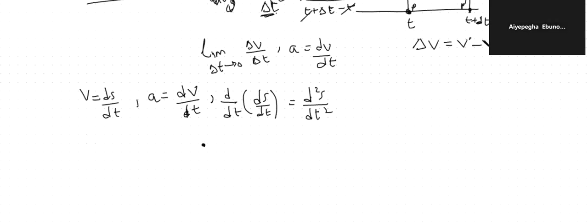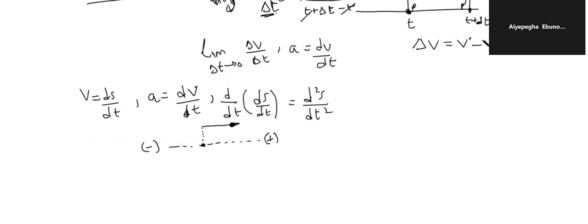You know that we have defined this as the positive and this as the negative. If a car is speeding up in this direction, our acceleration is going to be positive.